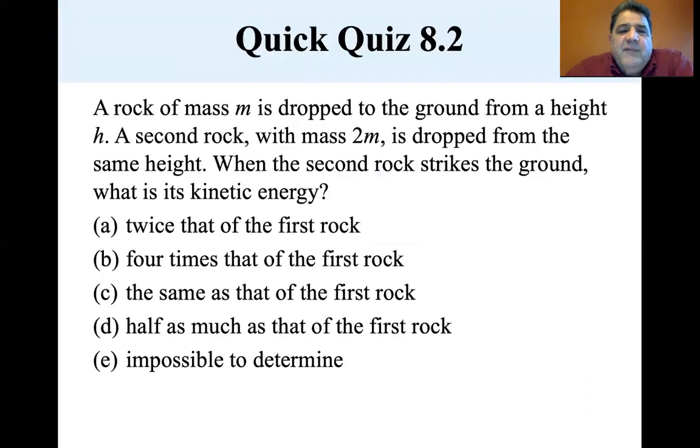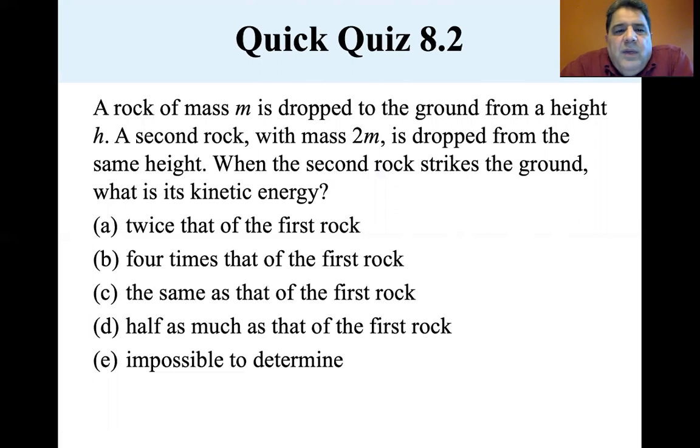Let's see, a rock of mass m is dropped to the ground from a height h. A second rock with mass 2m is dropped from the same height. When the second rock strikes the ground, what is its kinetic energy? Is it twice that of the first rock, 4 times that of the first rock, the same as that of the first rock, half as much, or is it impossible to determine?